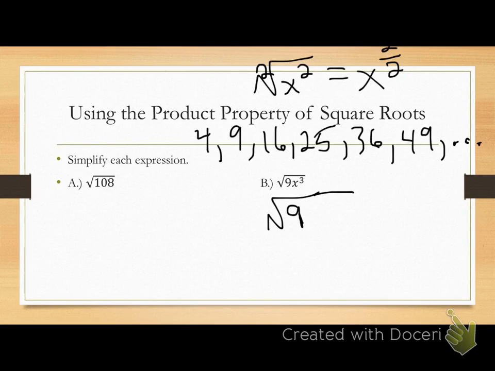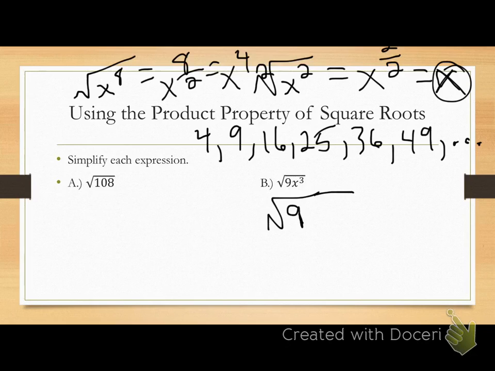So x to the 2 divided by 2 gives me x to the first, which is just x. So if I had the square root of x to the 8th, that'd be x to the 8 divided by 2, which gives me x to the 4th. That's just a little trick we are able to use with square roots.